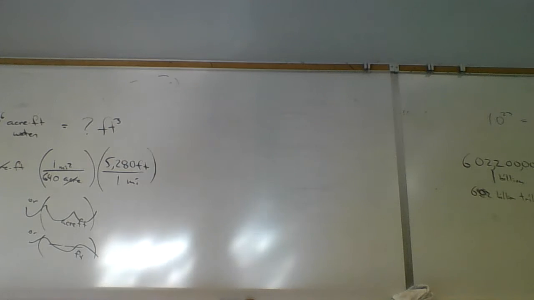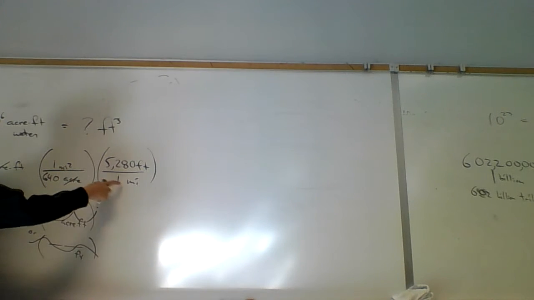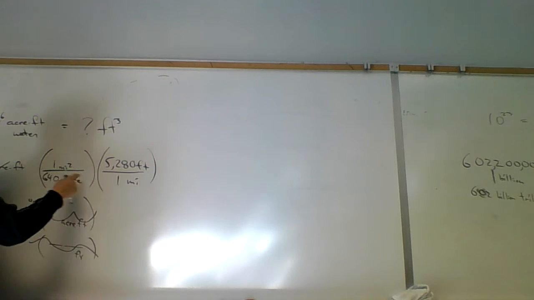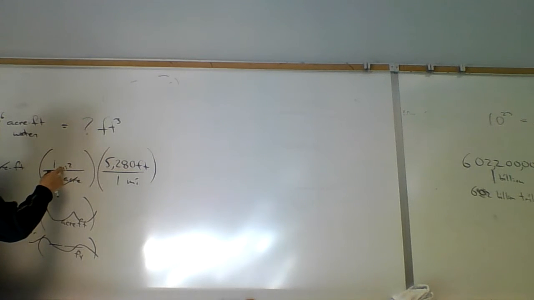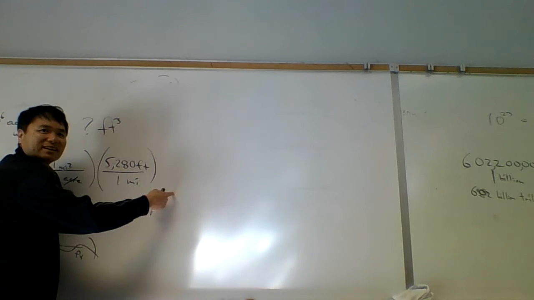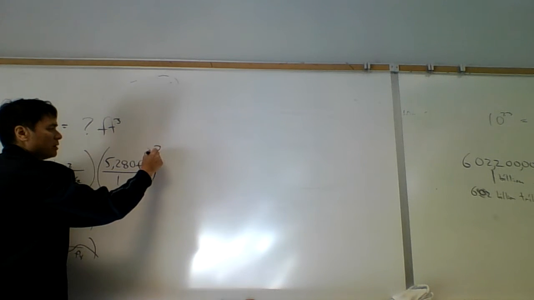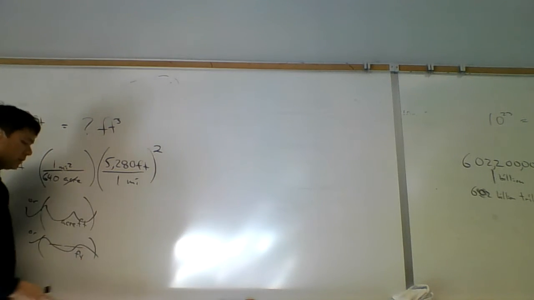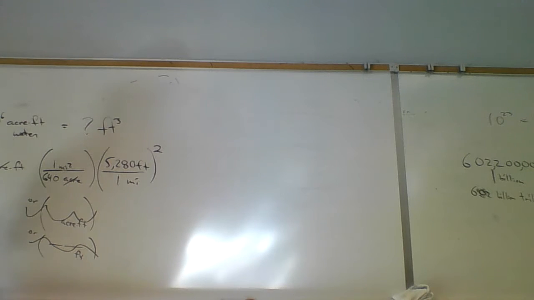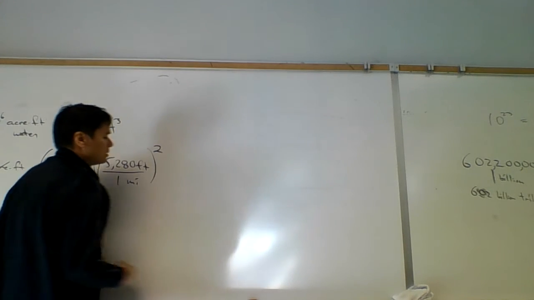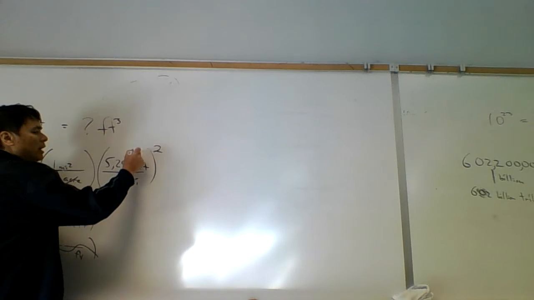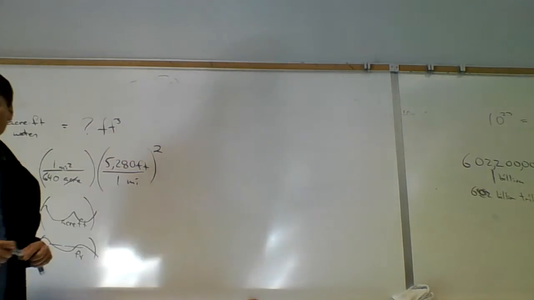There's an easy fix for this because miles squared does not cancel here. I can cancel out one of these miles, but it leaves me with a mile. So I could use this 2 times in a row, or I could just go ahead and square it. When I square the whole thing, I have to square everything inside the parentheses. That is, I have to square the 5280.